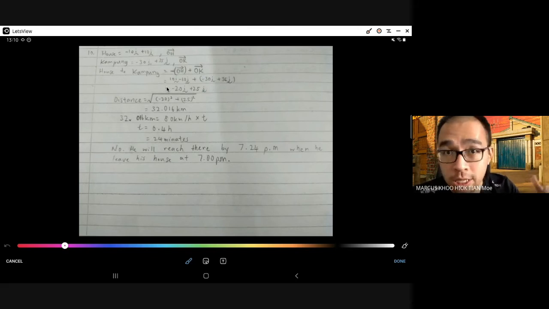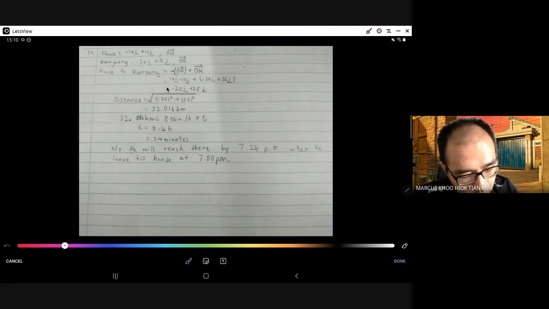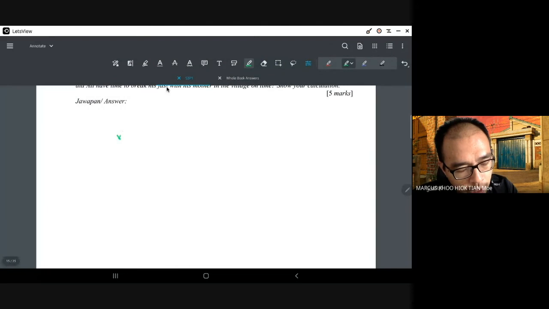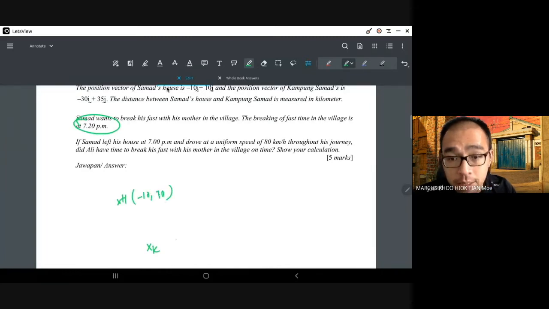So what the question is not telling you is OH plus and then OK. If this was a normal question, you know how they would do it? They will give you the coordinate of H and the coordinate of K. So the coordinate of H is negative 10 and 10, and the coordinate of K is negative 30 and 35.